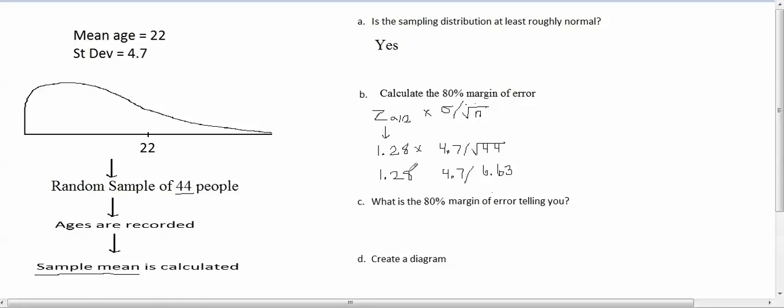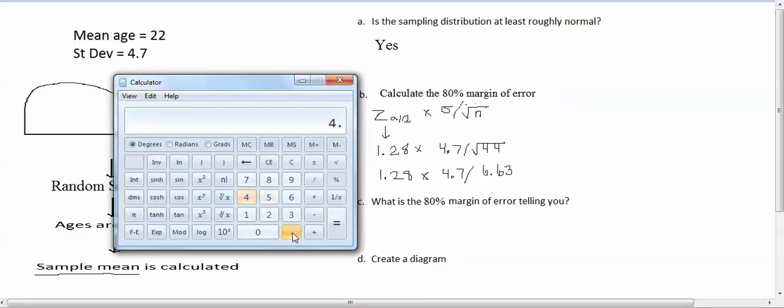Now that I found the square root of 44, I'm going to divide 4.7 by 6.63. The answer is 0.71 to two decimal places. The third digit is an 8, which means the 0 rounds up. This rounds up to 0.71.